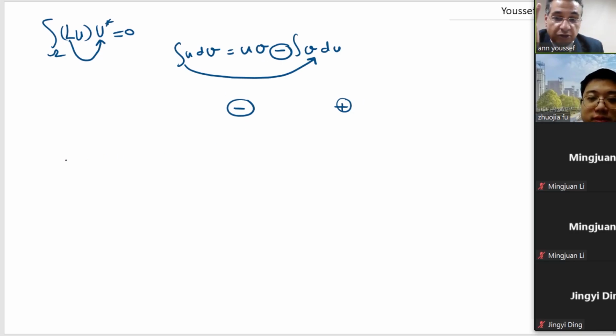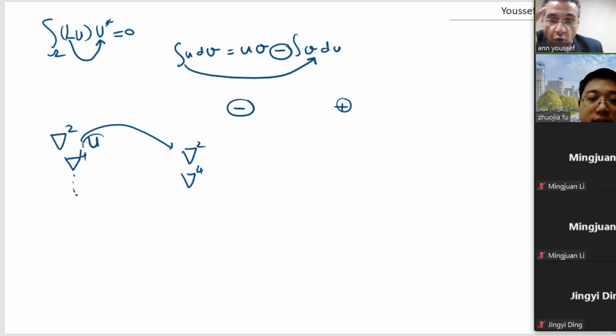So if we start with an even degree, something like nabla square or nabla 4, we end up with the same operator, now applied on u asterisk after the integration by parts.